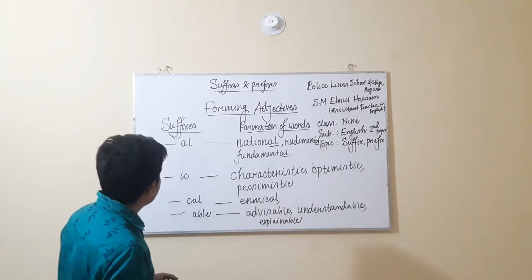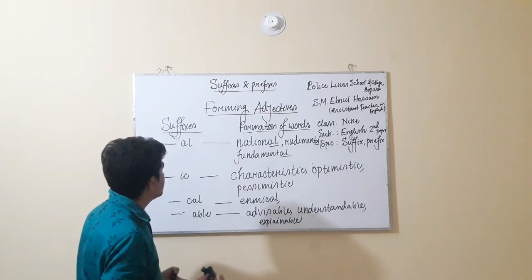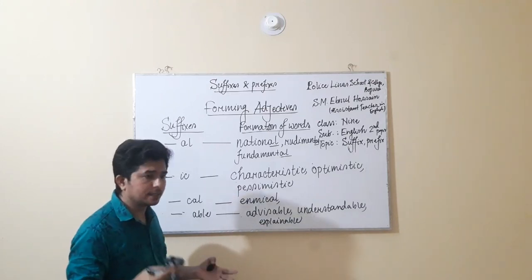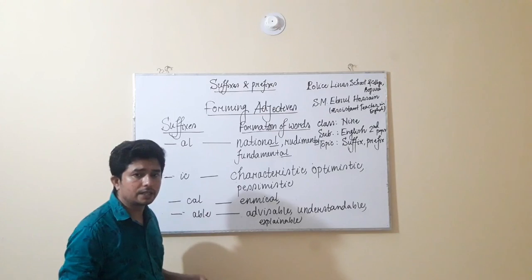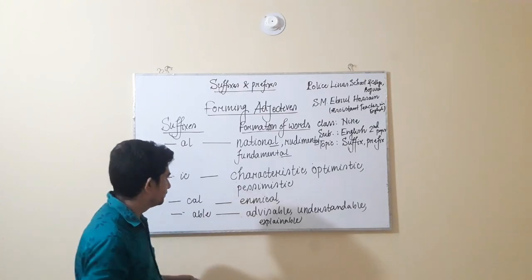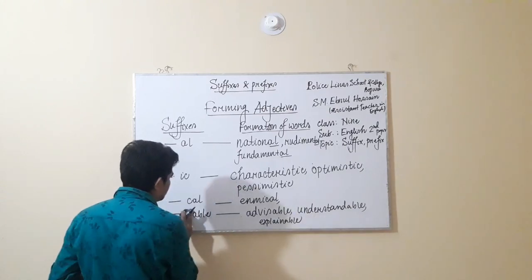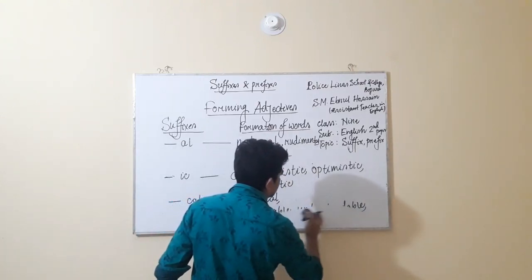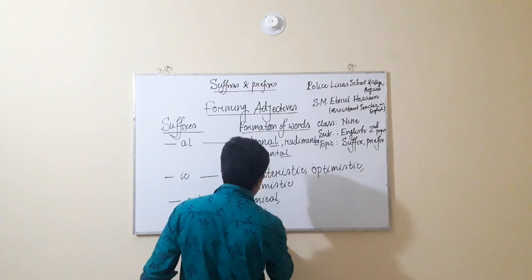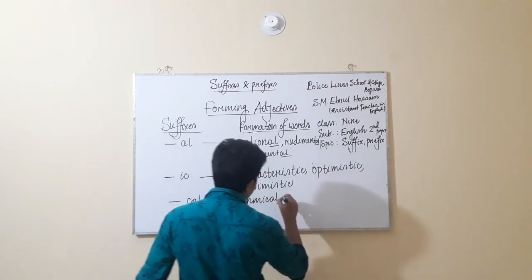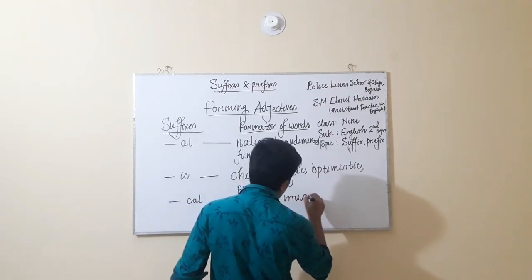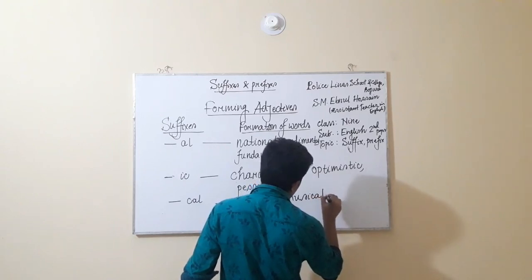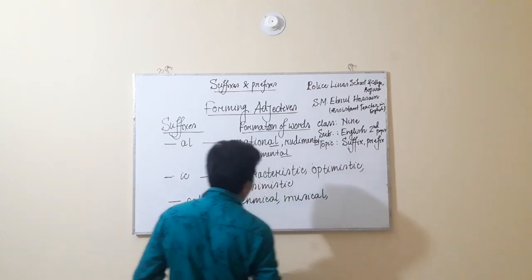Now there are more suffixes which form adjectives. We are going to write them down on the board. Here we can add the word musical.